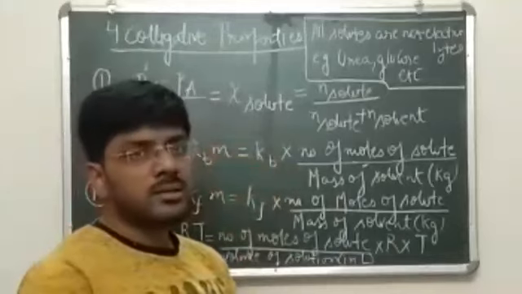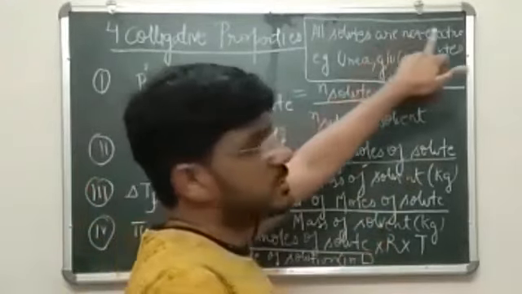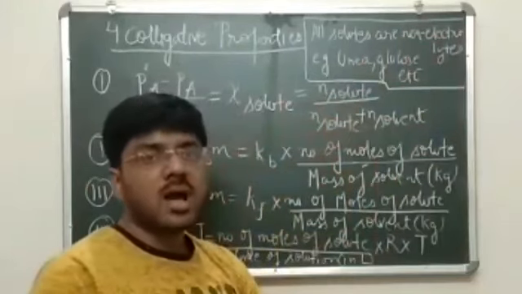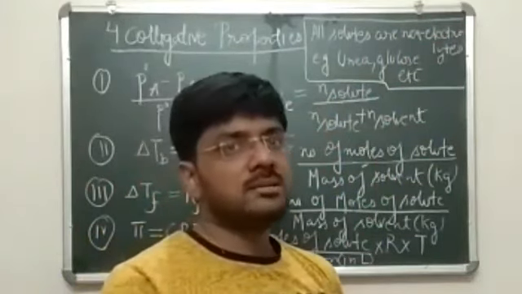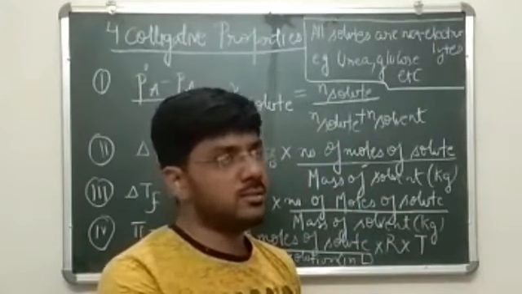But one thing we have to focus on here is that all the solutes which we have considered are non-electrolytes, meaning they will undergo neither association nor dissociation in the solution.